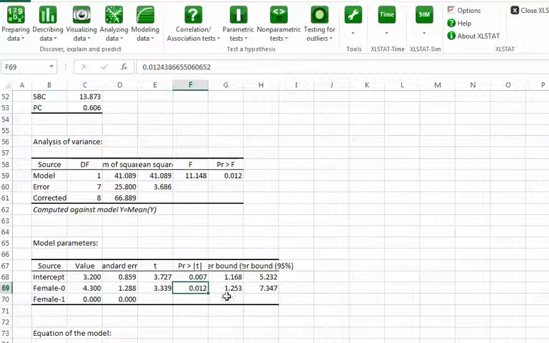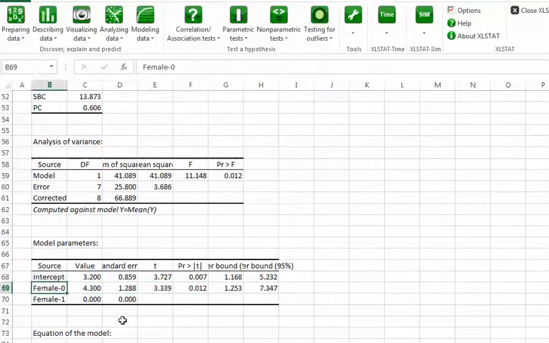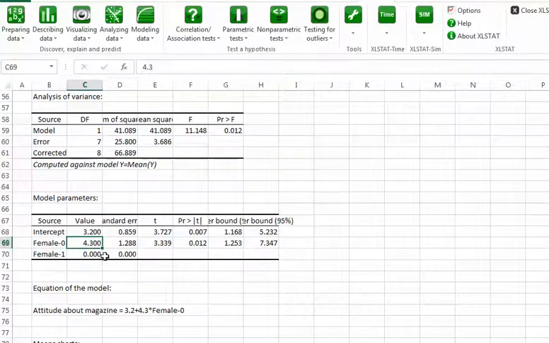This is significant. This actually tells us, because this is the effect for being male, that on average, males like the magazine 4.3 points more than females.